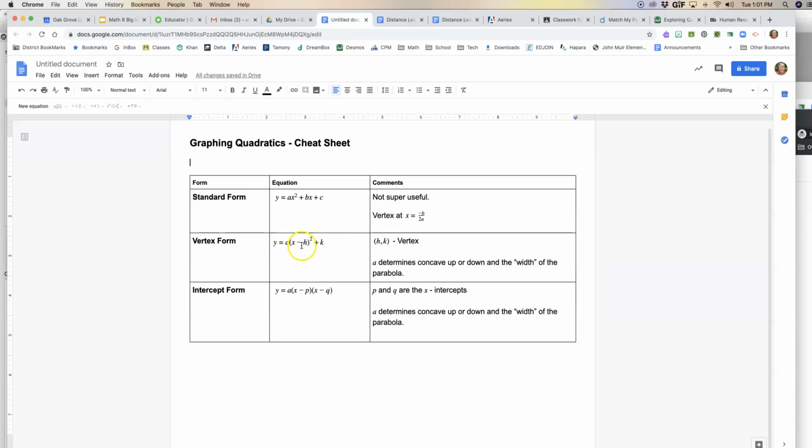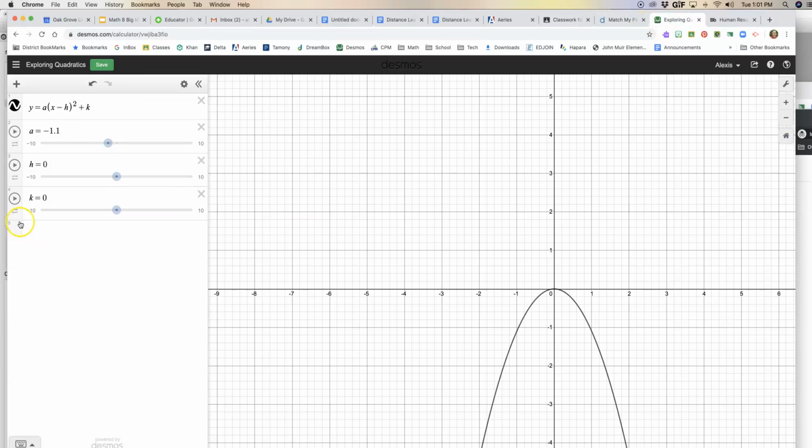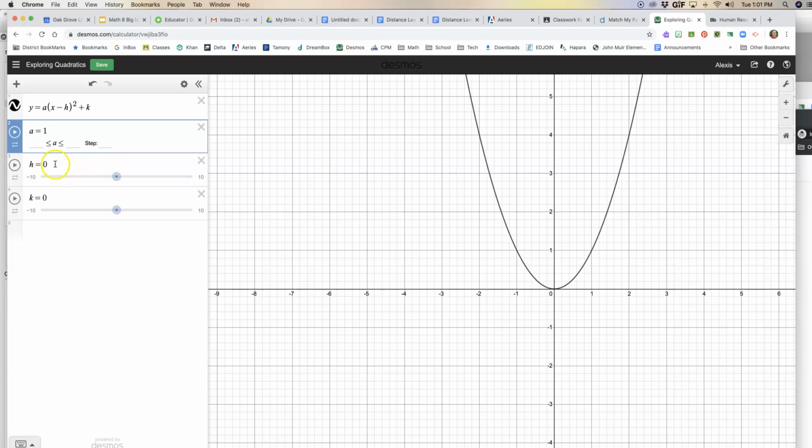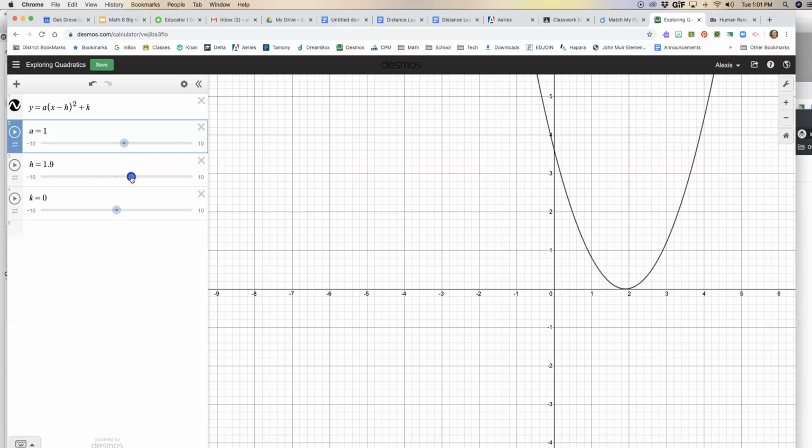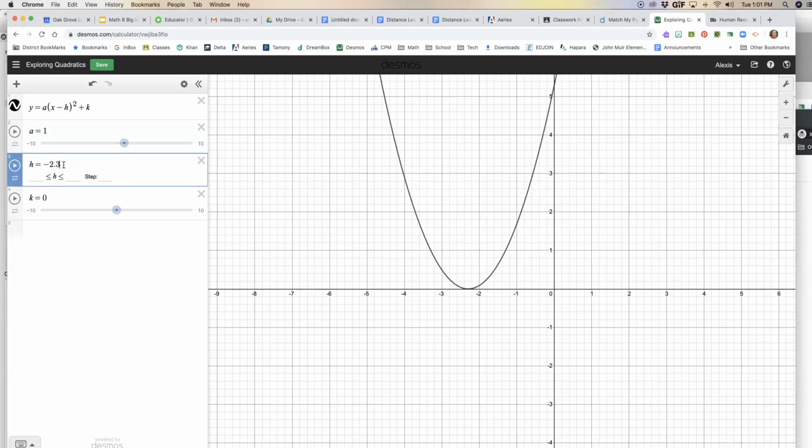Now what happens with this h and k? All right, so let's just take a and we'll turn it back into 1. Now h, the number that you're subtracting from the x, oh, it seems to move it left or right. So let's say h is 0, right?